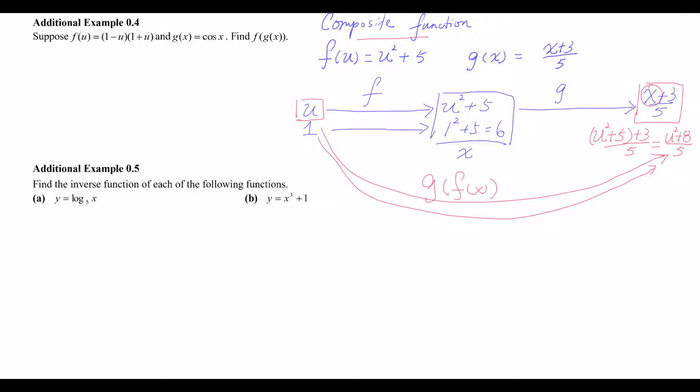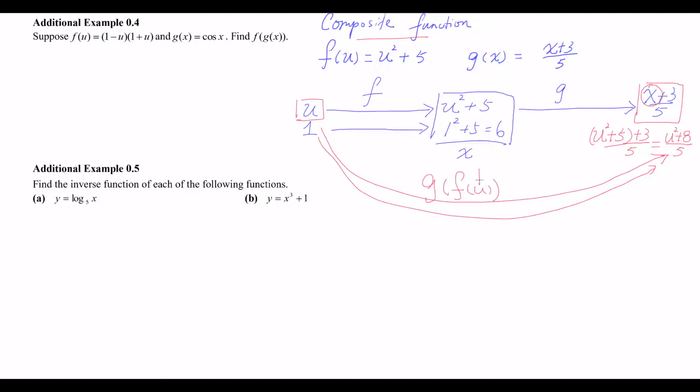If you further look at the notation, it looks like that.